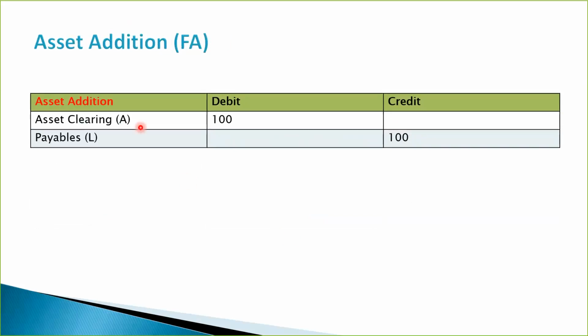So this is supposed to be asset cost. I think I copied this table and forgot to change the values. So this is supposed to be asset cost, which you're debiting. So that's where asset cost comes into play for the first time. And you're supposed to be crediting asset clearing, okay, for the asset addition process.